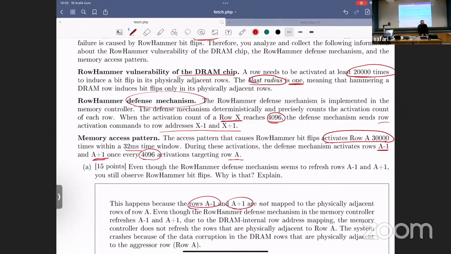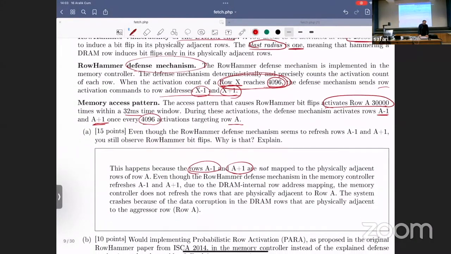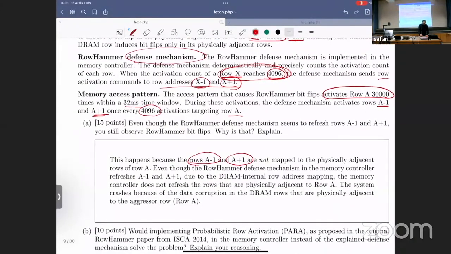When you send an activation, PARA observes these row activations, and after every activation, it performs a probabilistic process, and with a low probability, it sends activations to X-1 and X+1, but not based on some counter value. So the difference between this defense mechanism and PARA is that PARA will not track the activation count and trigger at 4,000, but will trigger probabilistically. So would replacing this with PARA solve your problem?